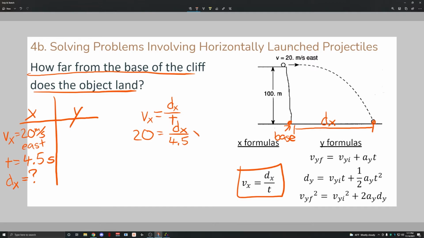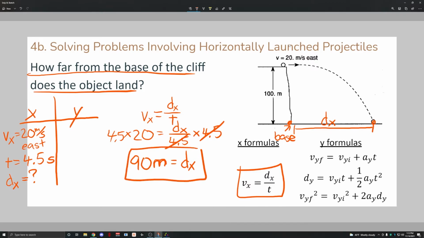To solve for dx, we have to multiply both sides by 4.5. 90 meters is equal to dx. So that's our horizontal displacement.